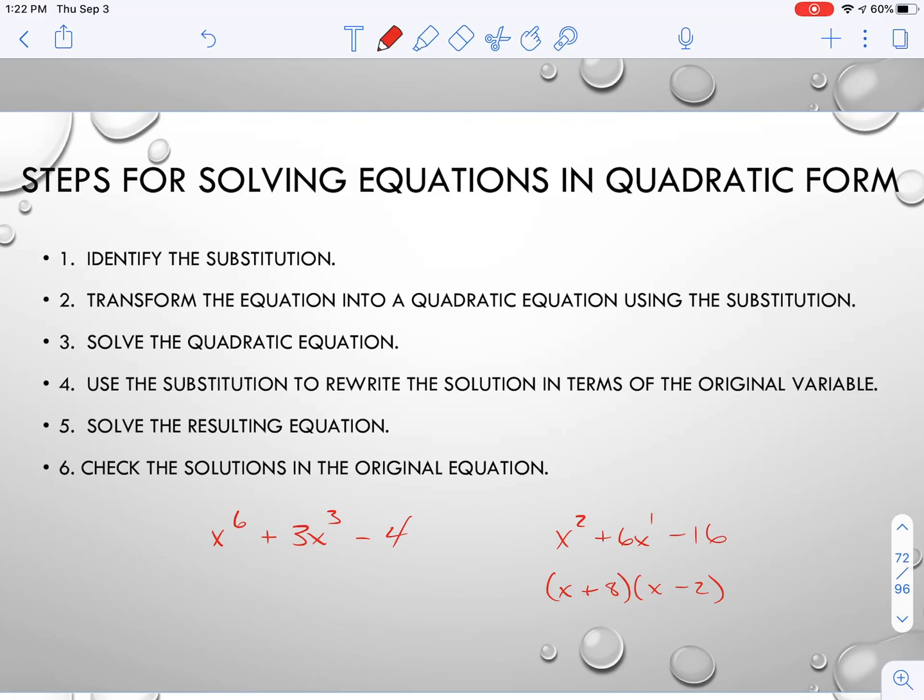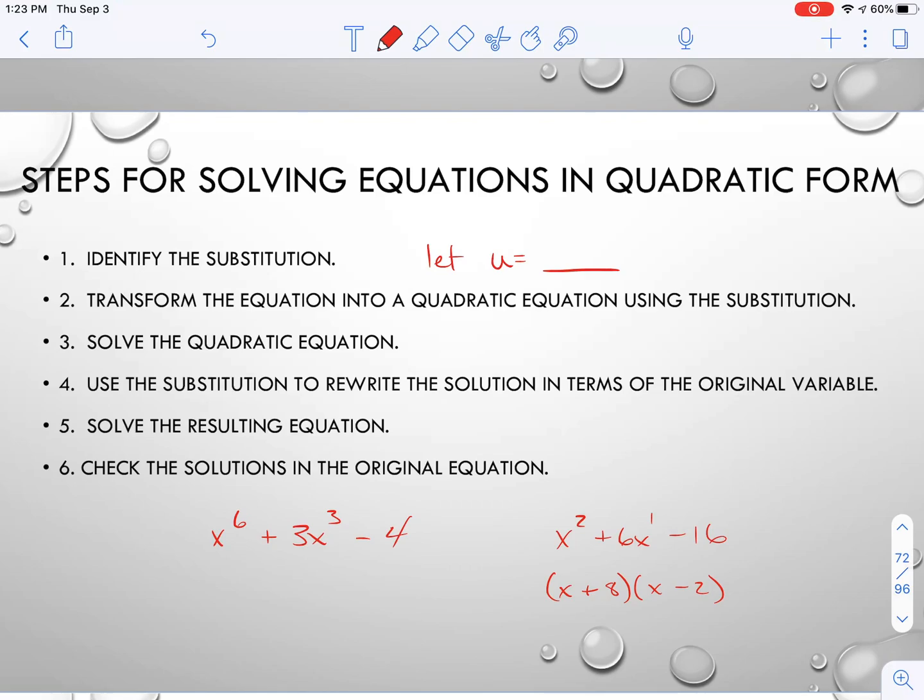I'm going to have to identify some kind of substitution that's going to make this appear to be a quadratic equation. I'm going to rewrite the equation using that transformation into a quadratic via substitution, and then solve that quadratic equation. For the substitution, we're going to let u equal something. Once I get solutions, I'm going to get u equals a number and u equals a number. I now need to go back to that original substitution I made.